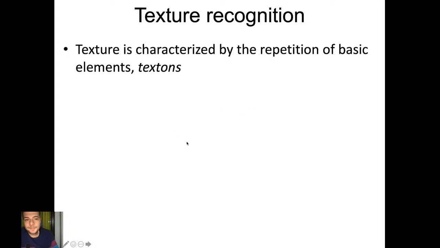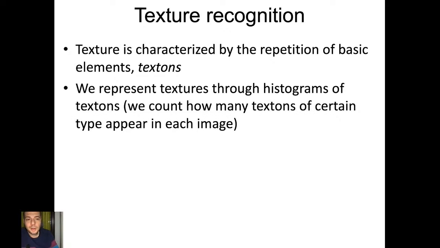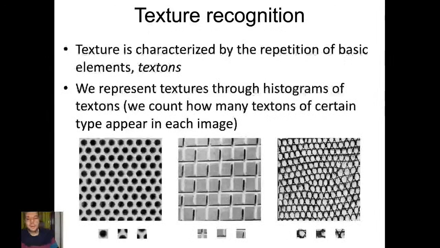So the main characteristic of texture is that there are these basic elements that are repeated over the texture. So then we can represent the texture through histograms of these repeating elements. So basically we count how many textons of each type appear in each image.